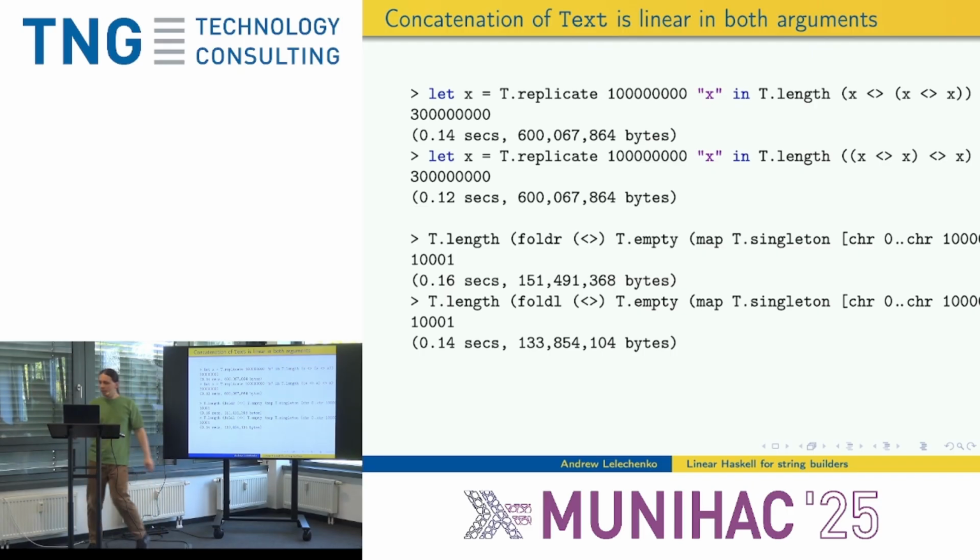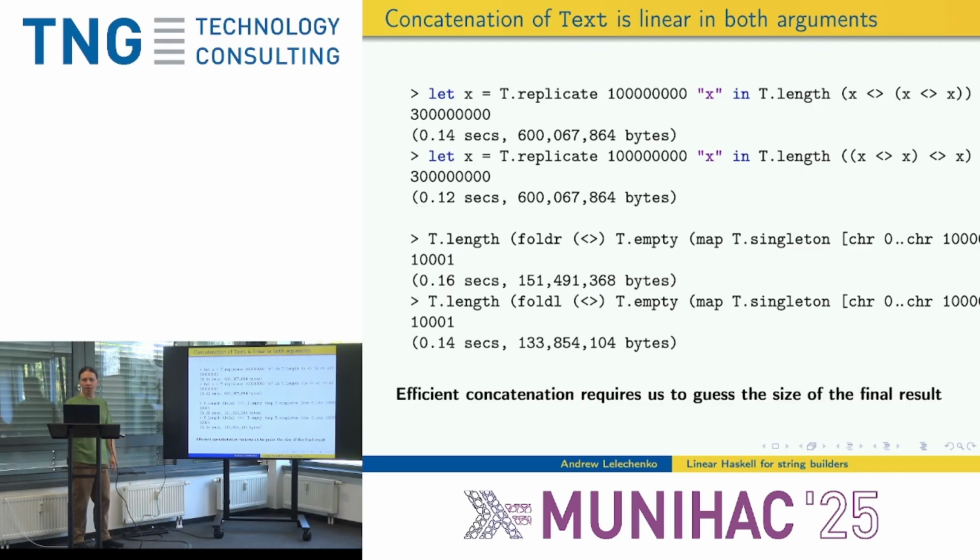So it seems like we have a problem here, because to concatenate efficiently, we need to know the future. If only we knew that this will be concatenated 3 times, and we immediately allocated like a 300 megabyte byte array.